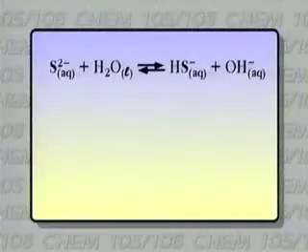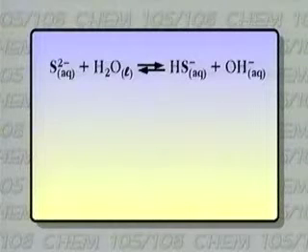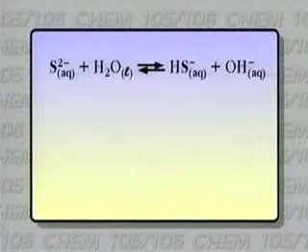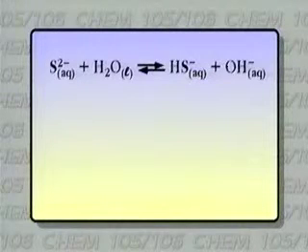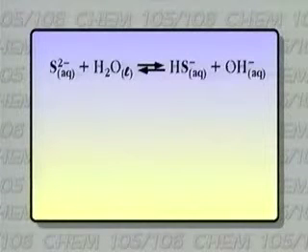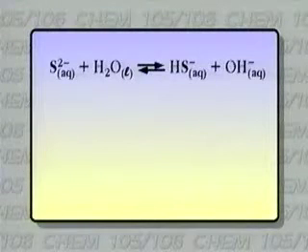Now, we can look at that specifically in a couple of reactions here. For instance, if we take sulfide ion and dissolve it in water, sulfide ion will act as the base. It will accept a proton from the water and form this HS minus, and we're left with hydroxide ion.